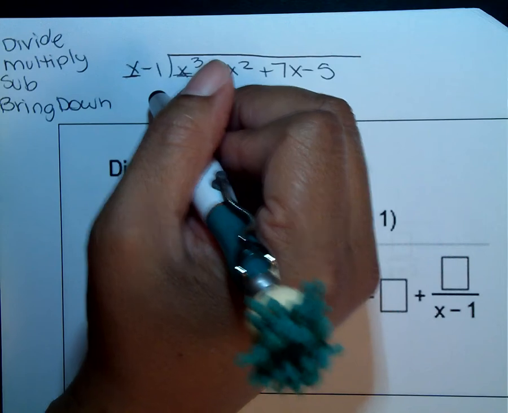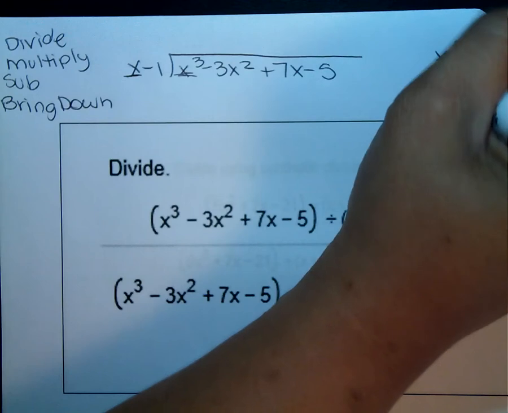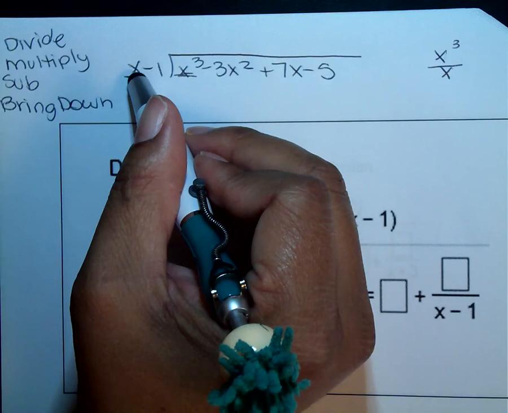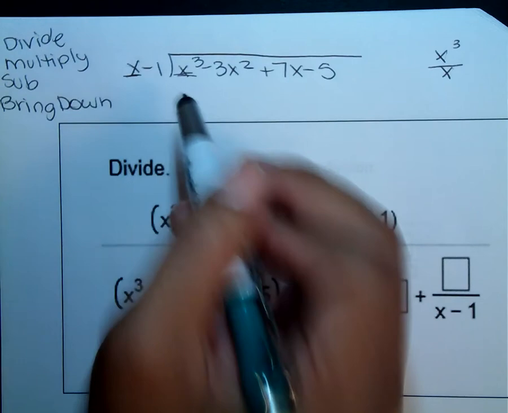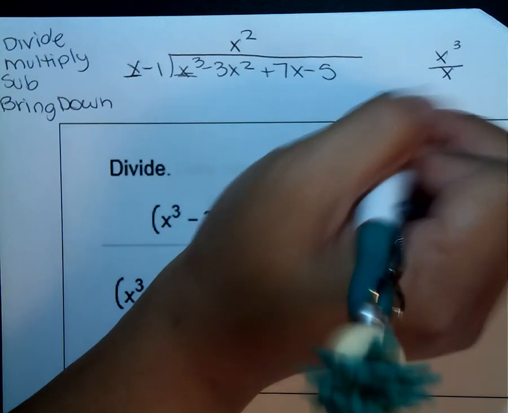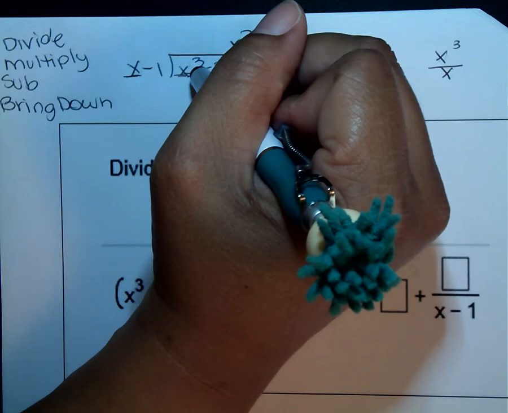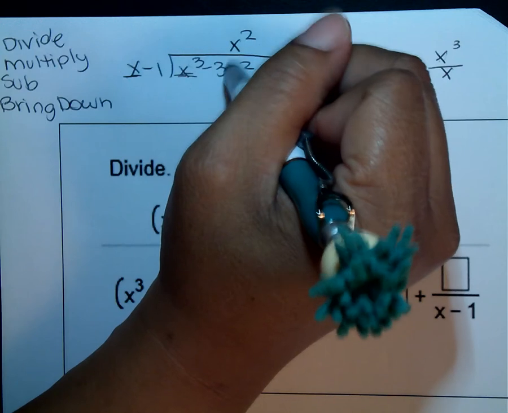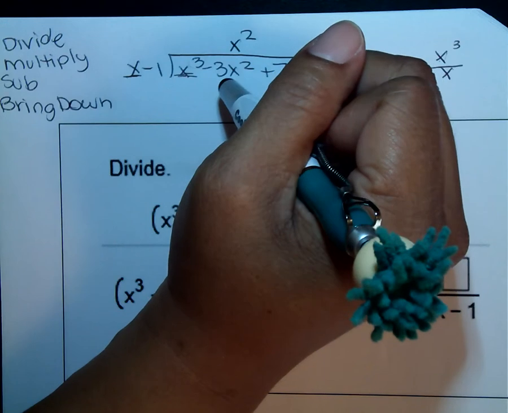Either you're dividing by saying x cubed divided by x, or you ask, what can I multiply times x to get x cubed? x times what gives me x cubed? That would be x squared. So notice it's 1 power less than what I started off with. And so when I write my answer, I'm starting my answer over the x squared term.